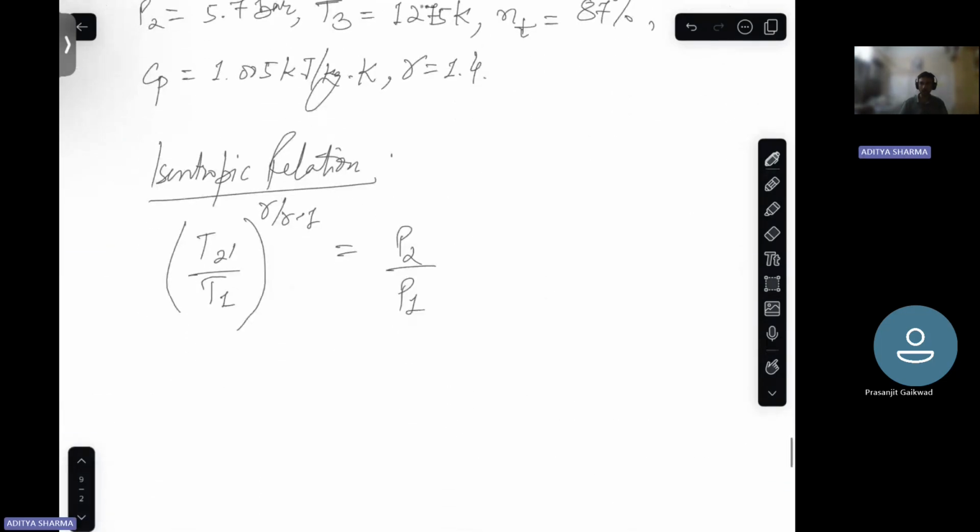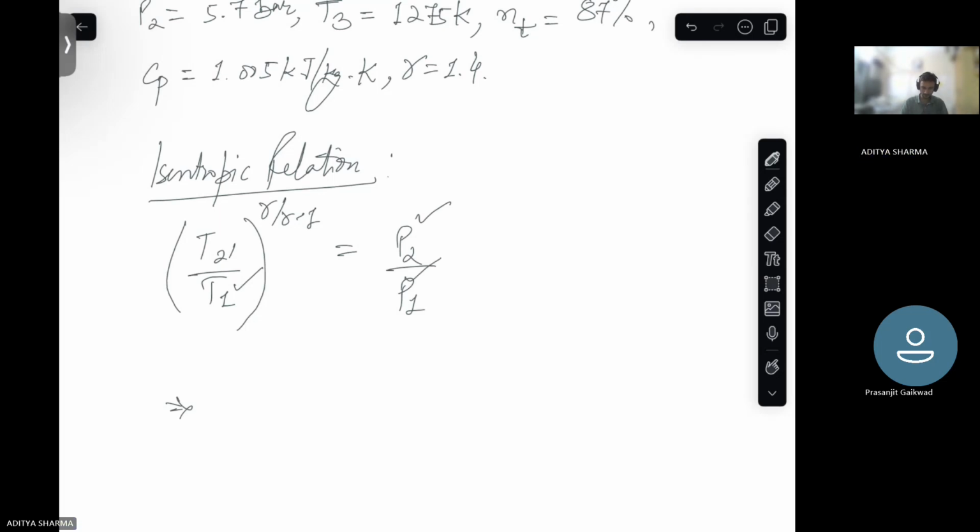So for 1 to 2 dash, we can use the isentropic relation. Right? Now what we can take out from here: this we have, this we have, and this also we have.